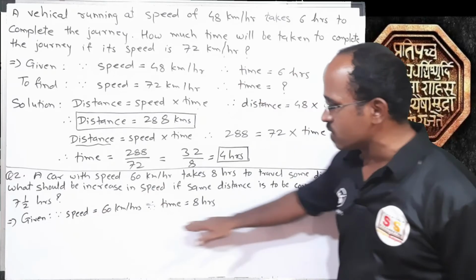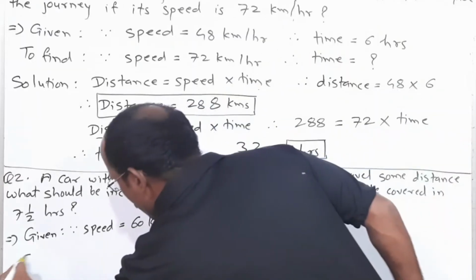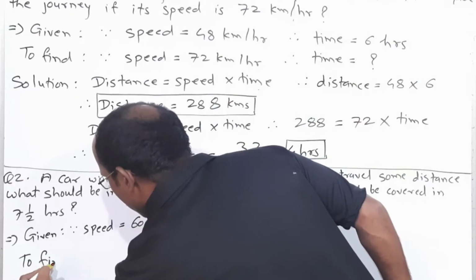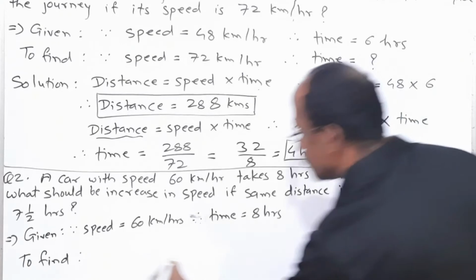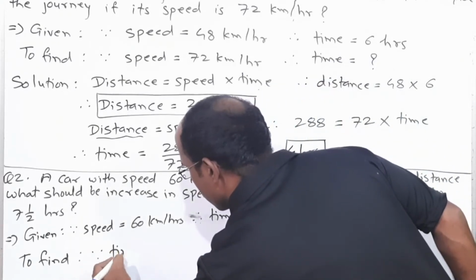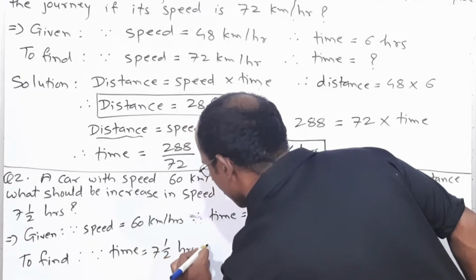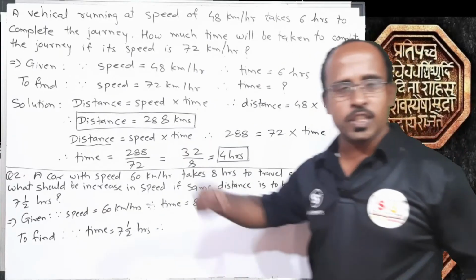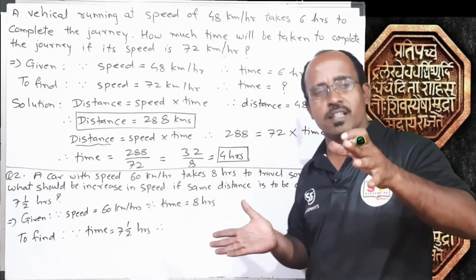Means we have to find, if time is 7.5 hours, then what should be the speed, and based on that, how much the speed is increased.